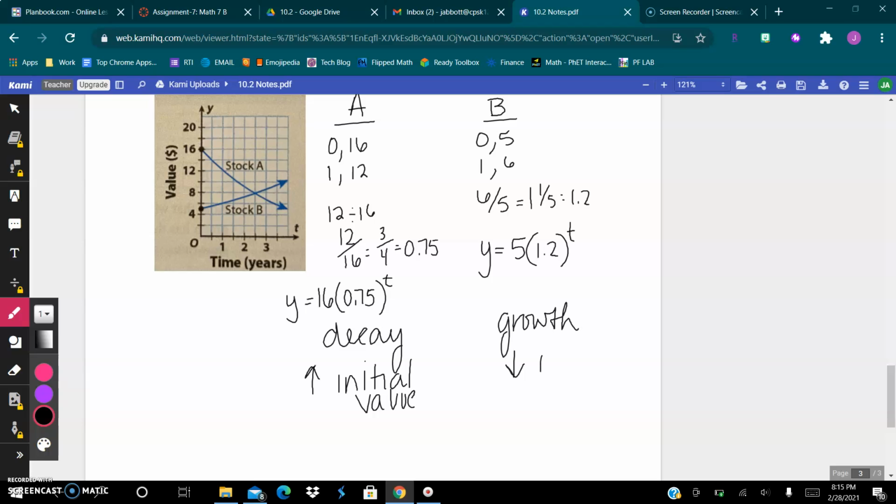This one has a lower initial value. And after 2.5 years, it's worth less, so it's lower in value. And this one, after 2.5 years, it's higher value.